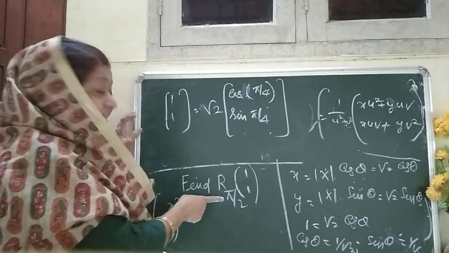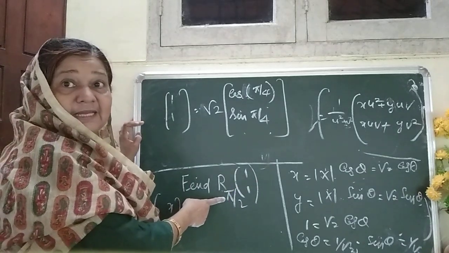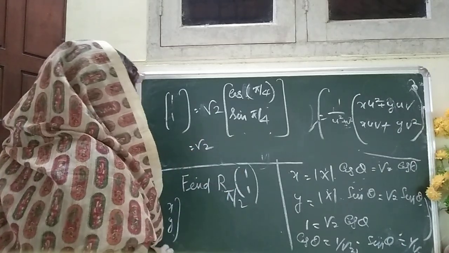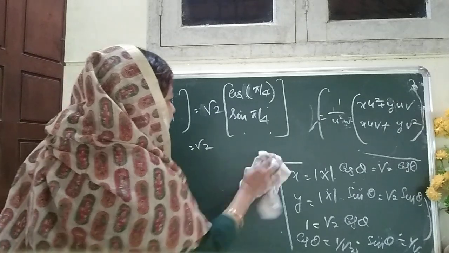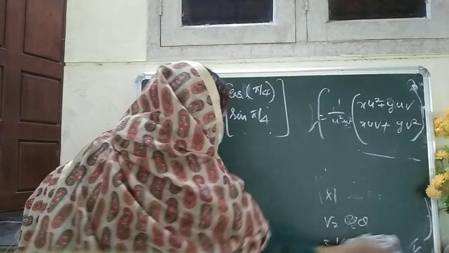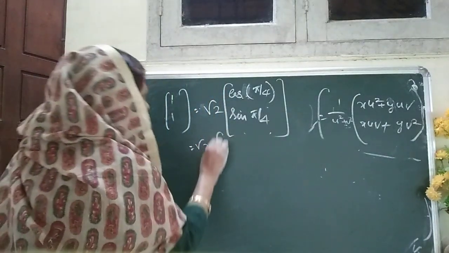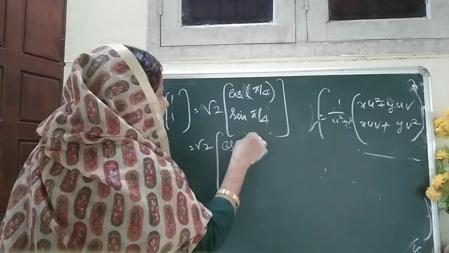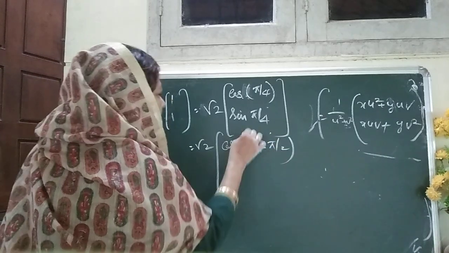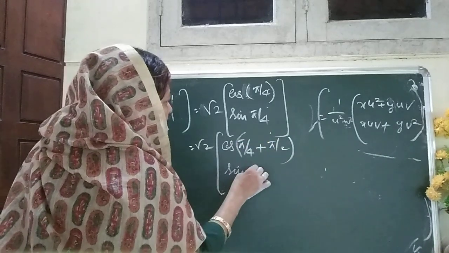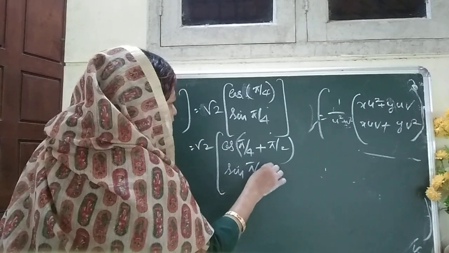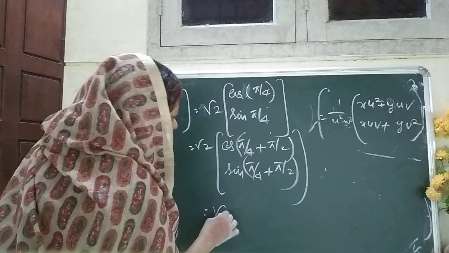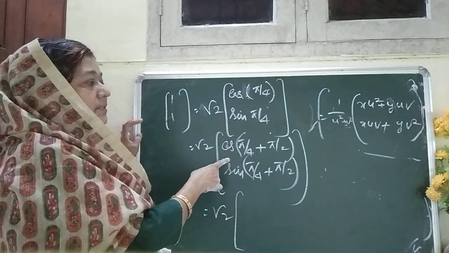Therefore, if we rotate by an angle pi by 2, this becomes root 2 into (cos(pi by 4 plus pi by 2), sin(pi by 4 plus pi by 2)).